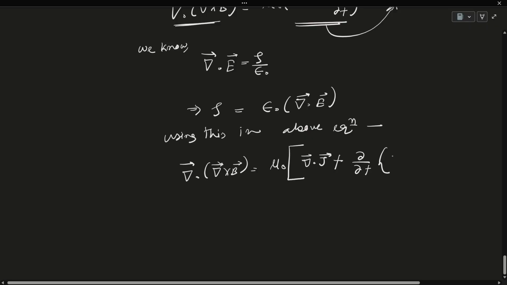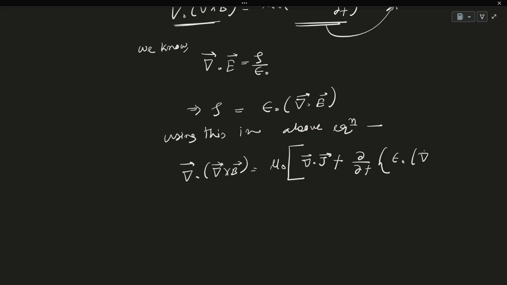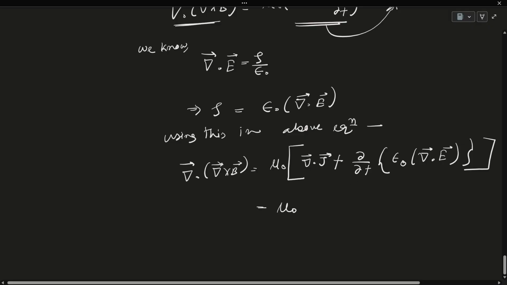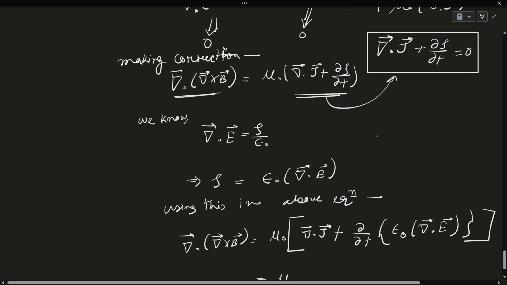Okay, and then epsilon, rho, I am replacing rho with this. So epsilon naught, okay, this is epsilon naught. Now, there was a term mu naught.